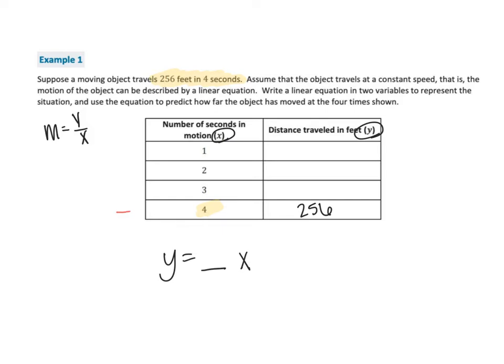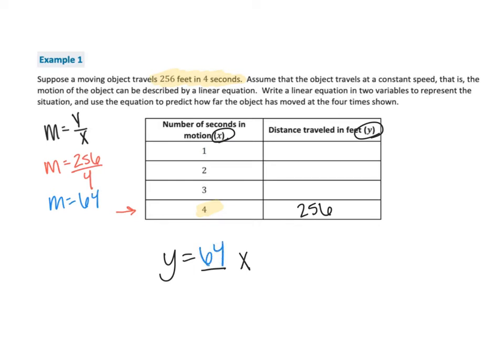So this is just something we've learned in the past, and I'm going to fill in the 2 numbers I do have, 256 for my y and 4 for my x. So 256 divided by 4, I'll quickly do that in my calculator, and I got 64. So m, my constant right here, is 64.